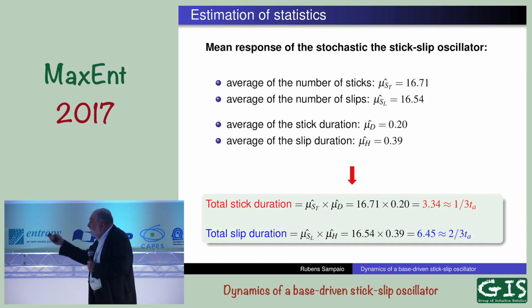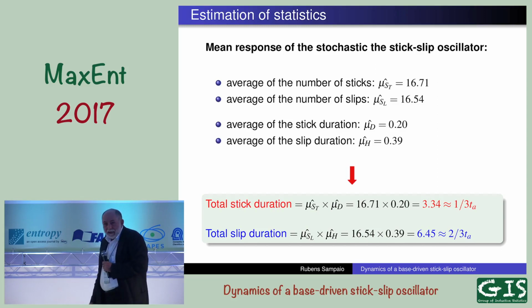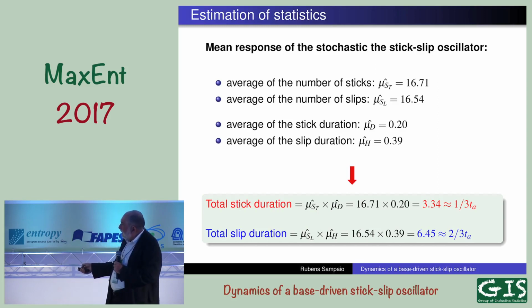In this case, the mean response of the stochastic stick-slip oscillator, I have the average number of sticks, the average duration of the sticks, and the same thing for the slip. So I can compute the total time, and I see that in this situation, 1/3 of the time is stick.